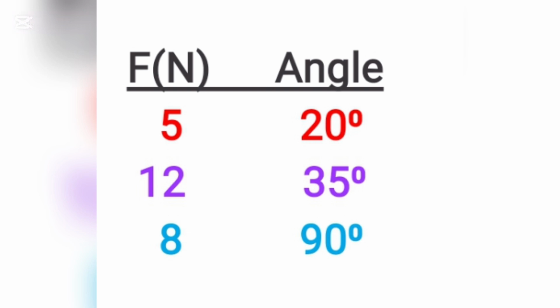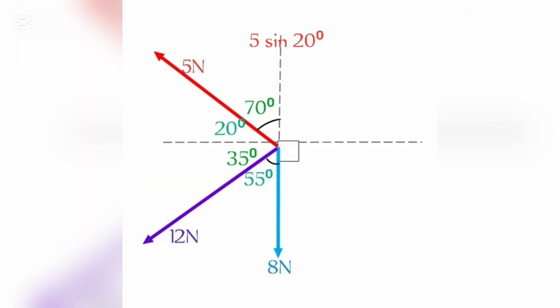The next thing we'll do now is to resolve each of these forces. Let's take 5 Newton. We will resolve 5 Newton to the vertical as 5 sine 20 degrees. Resolving it to the horizontal, we have minus 5 cos 20 degrees. We'll take 12 Newton.